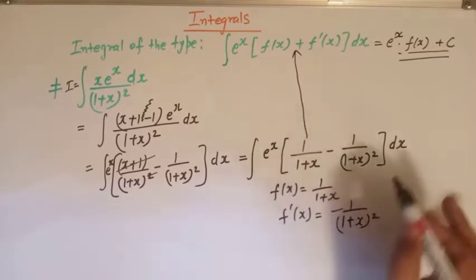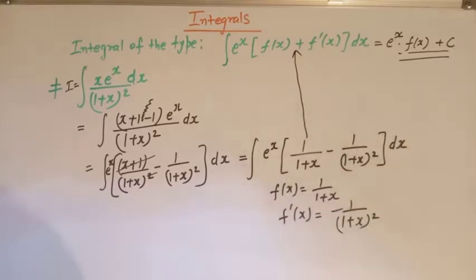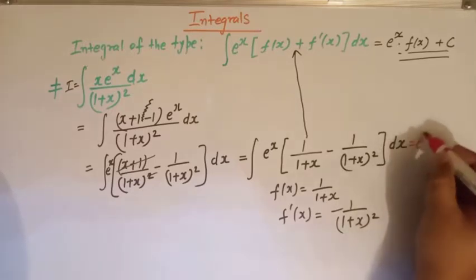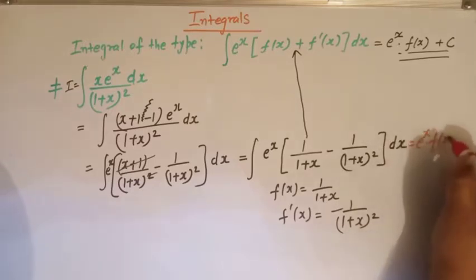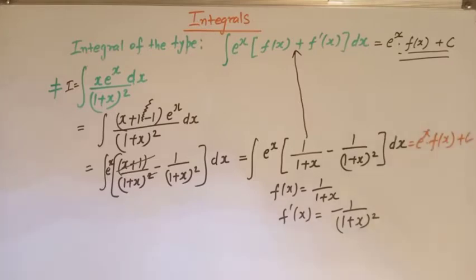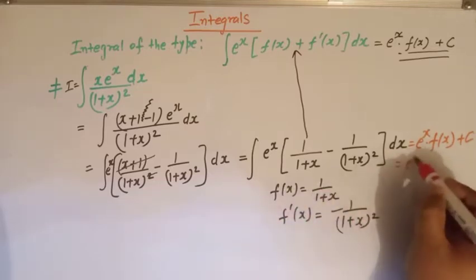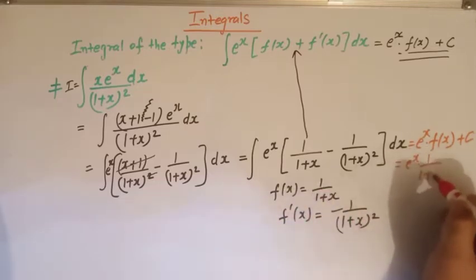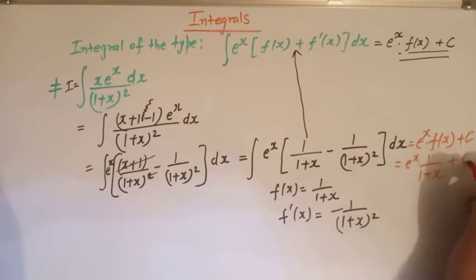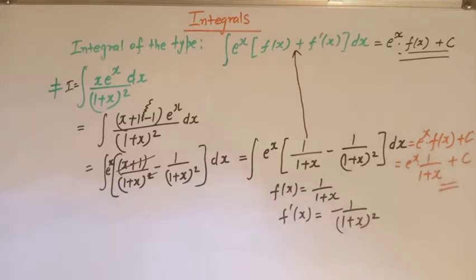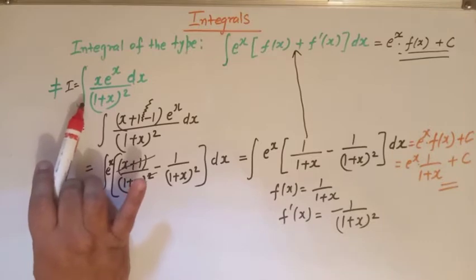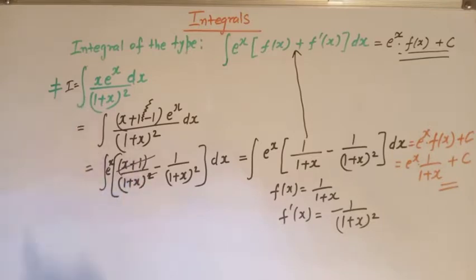So therefore the value of this integral is e raised to x times f of x plus c. Clear? And what is f of x? F of x is 1 over 1 plus x. Clear? Plus c. So this is the required integral of this function. Clear?